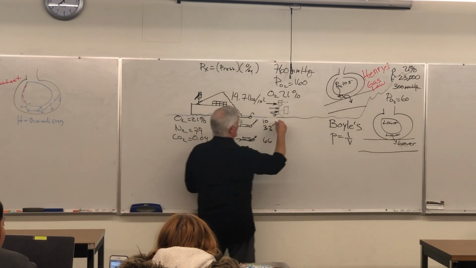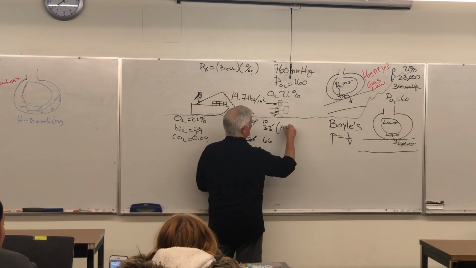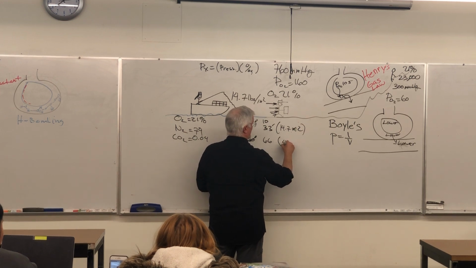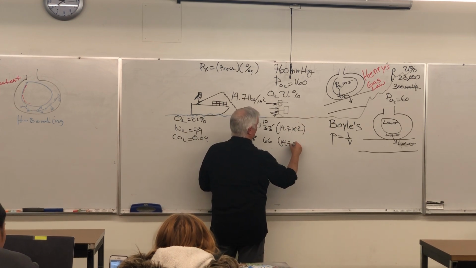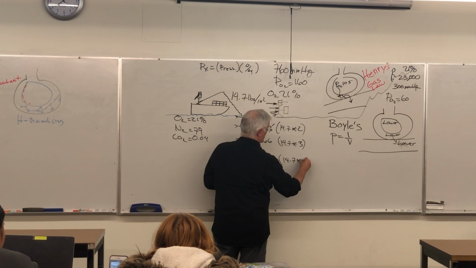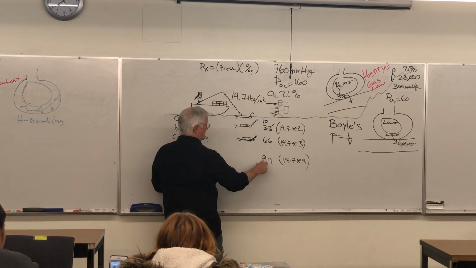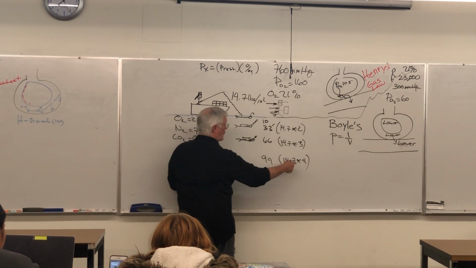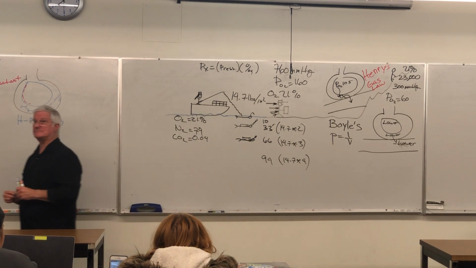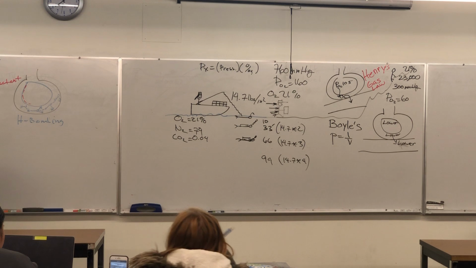But at 33 feet, you have 14.7 times 2. At 66 feet, 14.7 times 3. For every 33 feet, you add another 14.7 pounds. So at 99 feet, the limit of recreational diving, you have 4 times atmospheric pressure pushing against you, which is hard for a lot of you to envision.